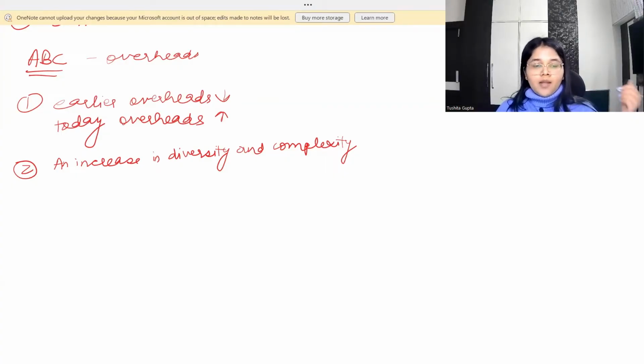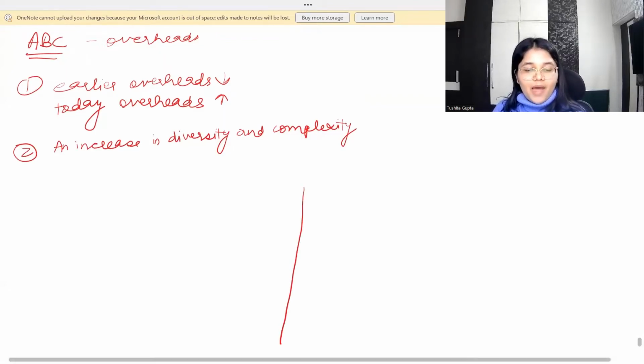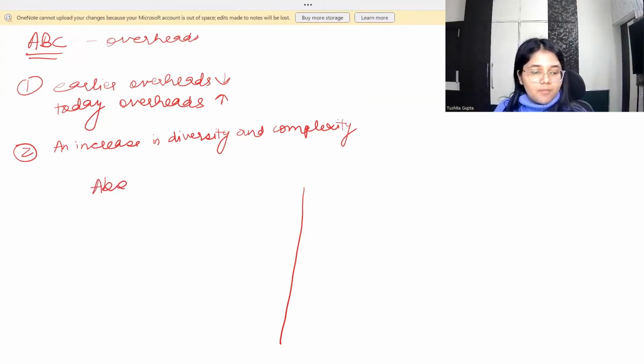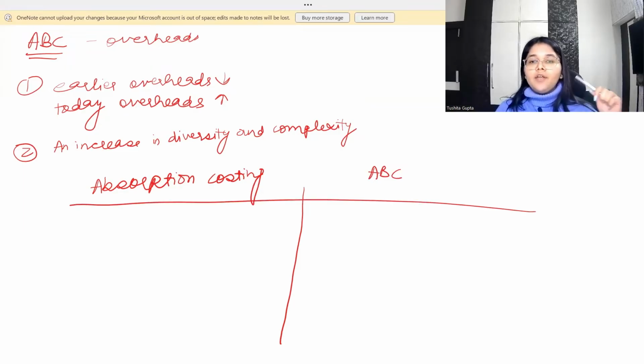So the complexity of the products has also increased, and basically these two are the reasons why ABC had to be developed. Now, before we get on to understanding ABC in more detail, we're also going to run a comparison between traditional absorption costing and ABC. When you compare these two methods, under absorption costing, production related activity levels are used. All the overheads that you apportion will be based on the level of activity.